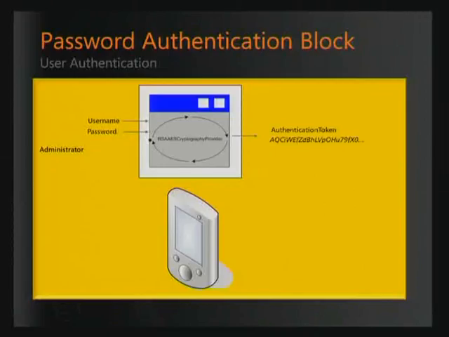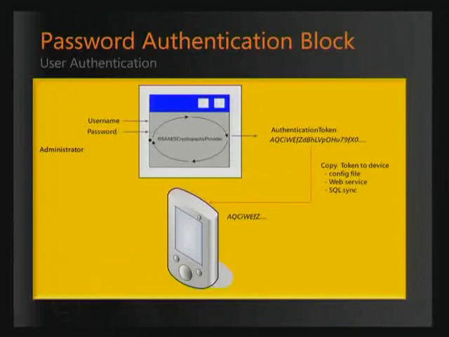Then there's a bit of cryptography code that runs, using RSA AES cryptography, and that generates a token based on your username and password. You just have to get that token onto the device. Even if you know the username and you know the token, you cannot work out the password. It's non-reversible encryption.